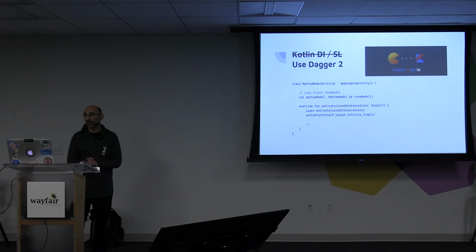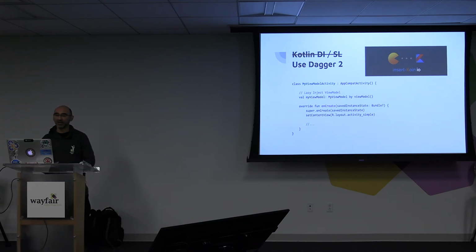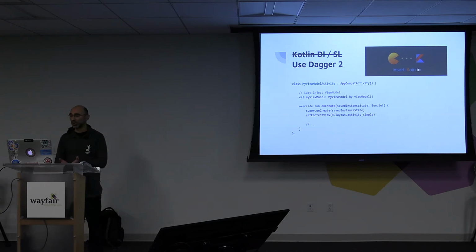For a long time, I used to run around and tell people dependency injection is extremely important. If you're not using a dependency injector, I really encourage you to look at this thing called Koin. I used it for my dependency injector, but at the last Android Dev Summit, the Android team was talking a lot about Dagger 2.